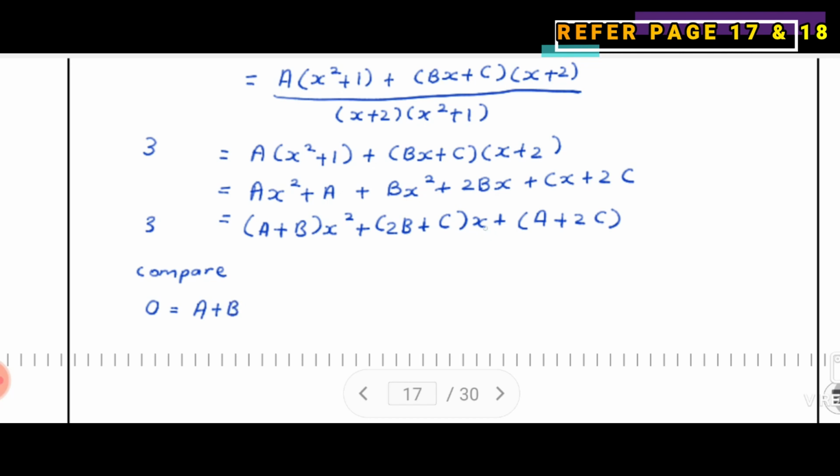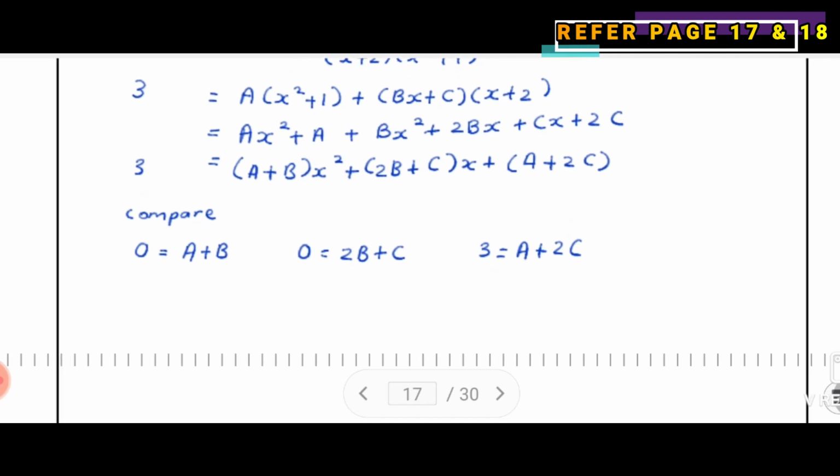By comparing the coefficient of x power 1, on the left-hand side we have 0, and on the right-hand side we have 2b plus c. And when we compare the constant on both sides, we have 3 equals a plus 2c. Let a be the subject, we have negative b.